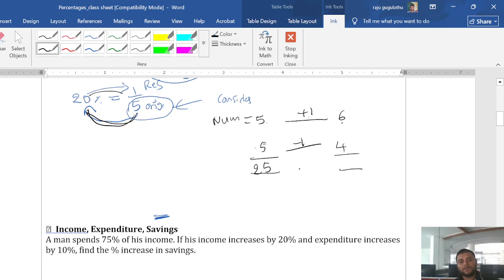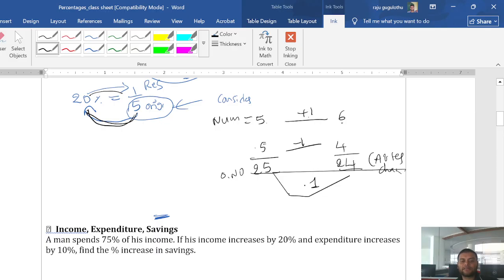So after doing the two operations, we are getting the number as 24, guys. Originally the number is 25, this is taken as the original number, and this is the number after changes. From 25 to 24, my friends, there is a decrement of one.